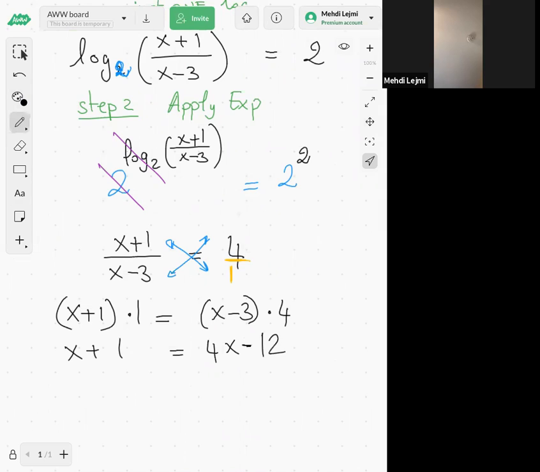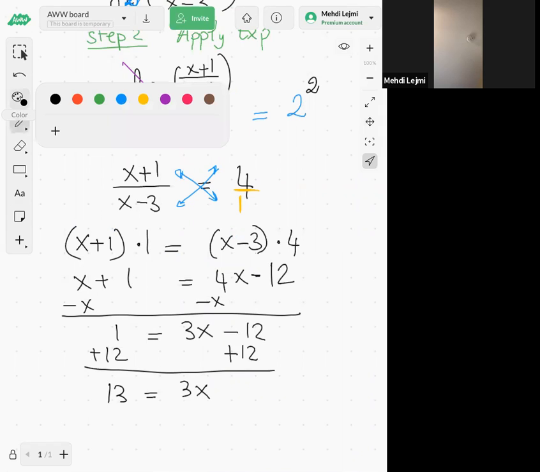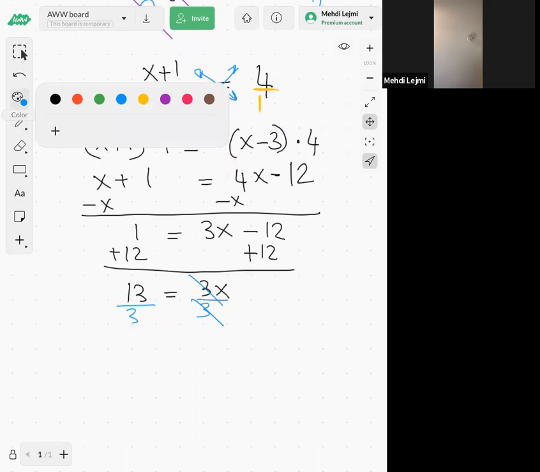All right, so let's say you subtract x both sides. So it's 1. 4x minus x, that's 3x minus 12. And then we have plus 12 both sides. So that's 13 on the left equals to 3x. I'm going to divide by 3, both sides. 3 over 3 cancel out, so it's just x now. So I got this possible solution, which is x equals to 13 over 3, right?